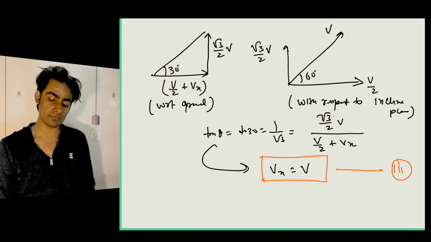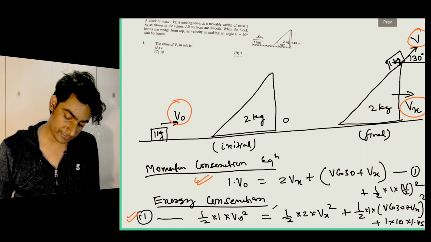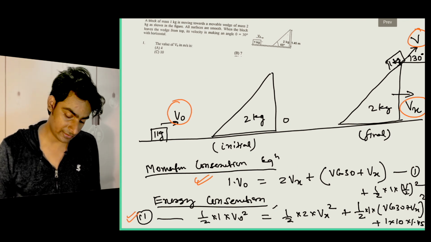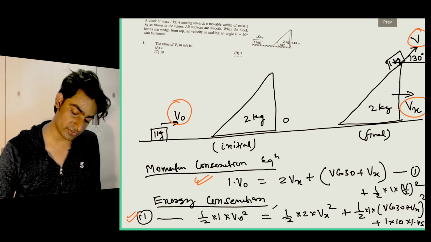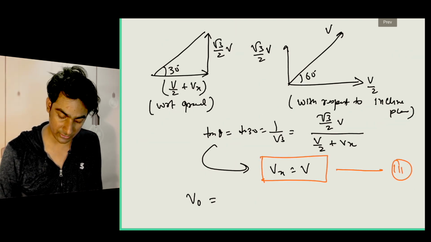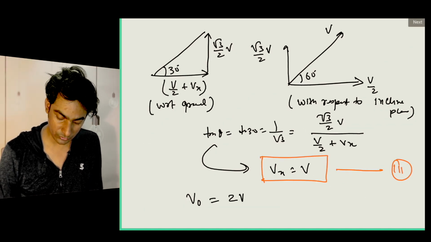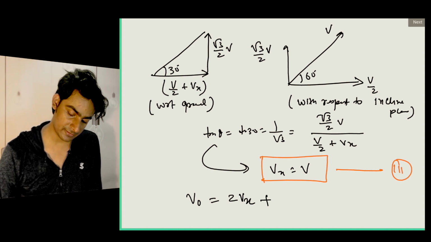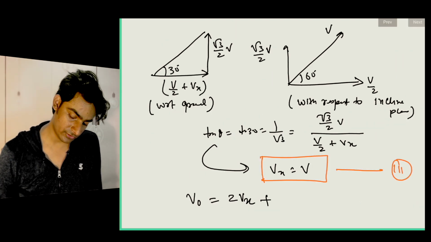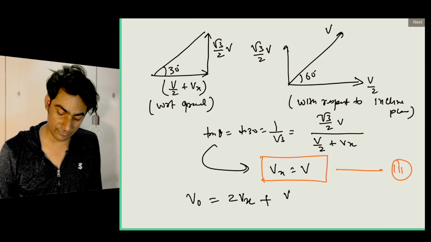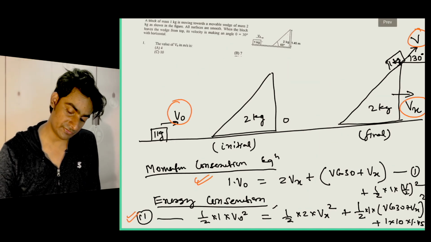So now vx equals v. If we substitute in the first and second equation, we can get the v naught. Let's substitute in the first equation. So v naught equals 2vx, plus v cos 30, which we'll write as vx root 3 by 2, plus vx.